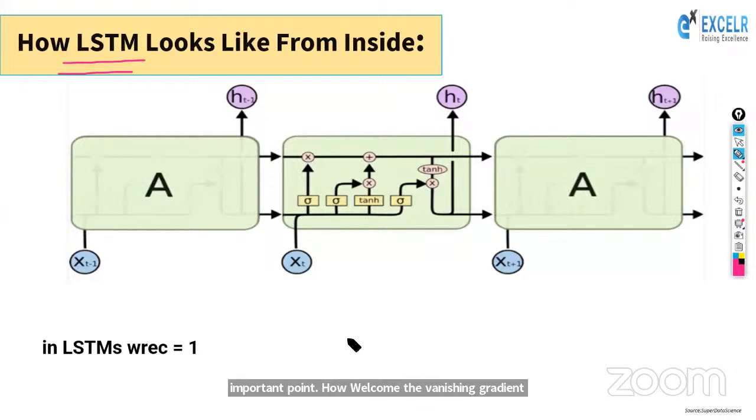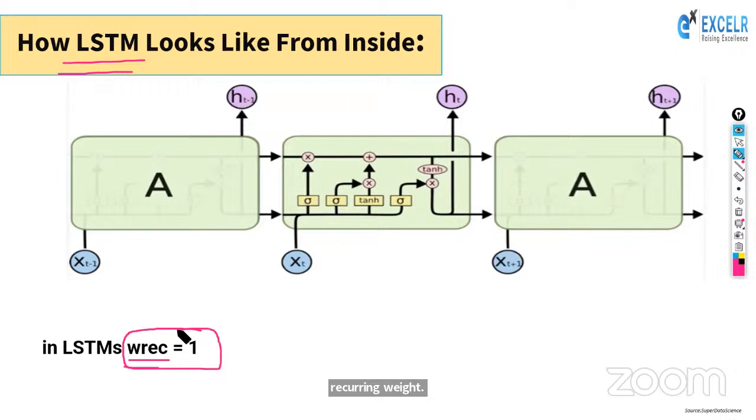So guys, in the case of LSTM, whatever we have as a recurring weight, all the recurring weights will be 1, so that there won't be any vanishing gradient problem and there won't be any exploding gradient problem. Right? The recurring weight will be 1 only.